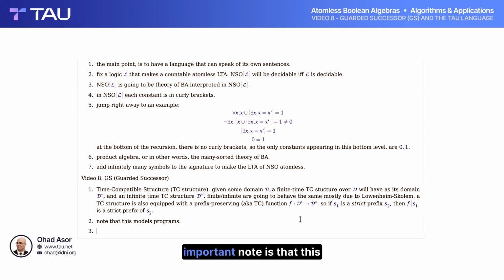Another important note is that this extends to trees. Everything we are going to say about time-compatible structures, and most importantly about the logic guarded successor, can work not only with strings, but also with trees, simply by considering multiple successor relations. So far, we didn't see a successor relation yet, but it will come.